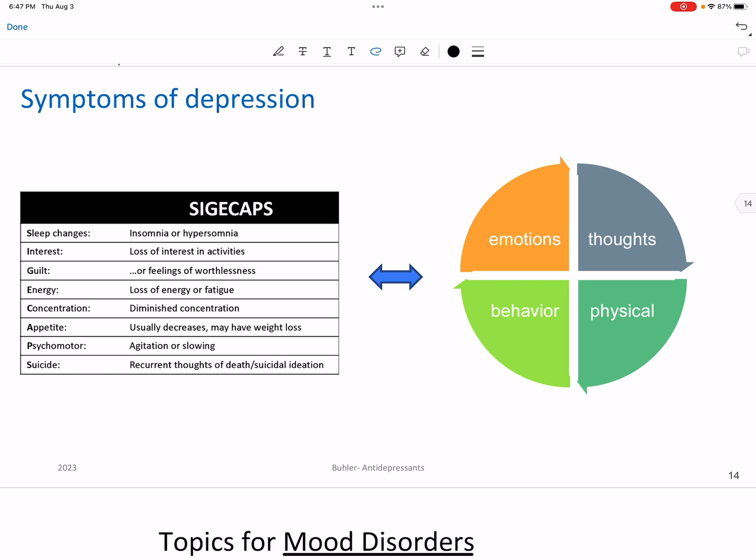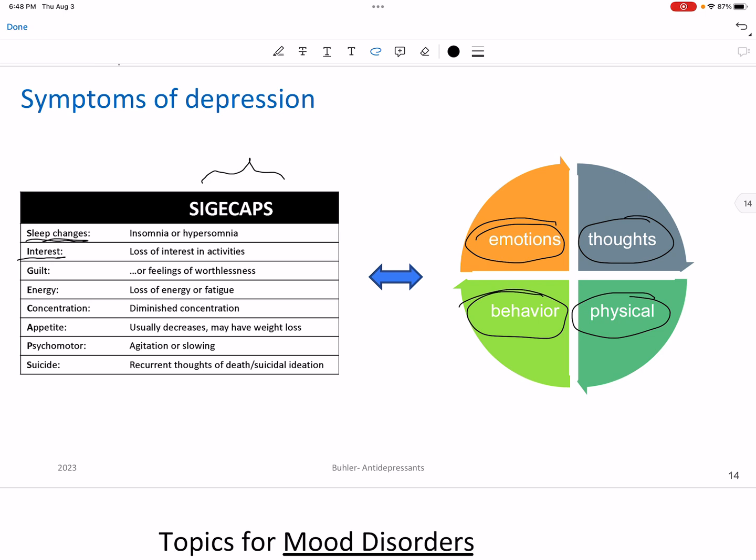And when we look at the symptoms of depression, we've got emotional symptoms, behavioral symptoms, thoughts, and physical symptoms. One of the great ways to memorize this is SIG E CAPS. So you've got sleep changes, that's a physical symptom.